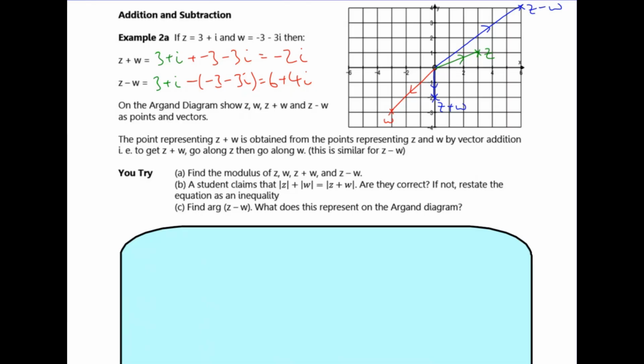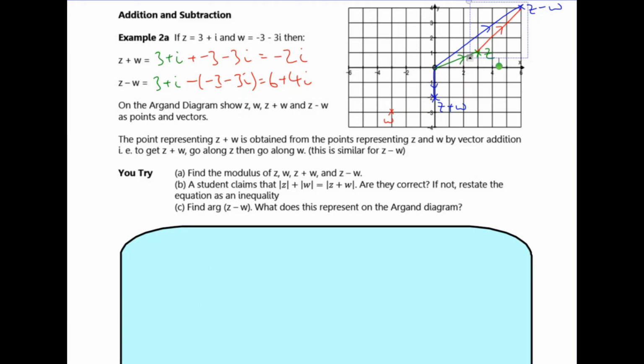To get to Z plus W, I'm going from the origin to Z along the green line. And then if I add in the red line here from W, that will take me to Z plus W. So it works like vectors there. Similarly, if I do Z minus W, I go the opposite way along W, I will get to Z minus W up there.